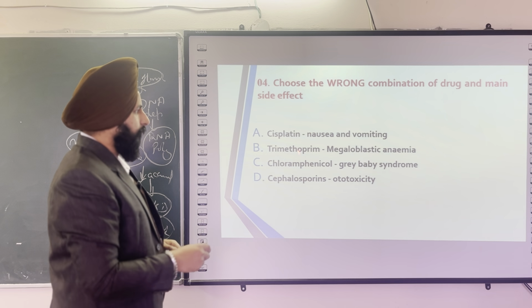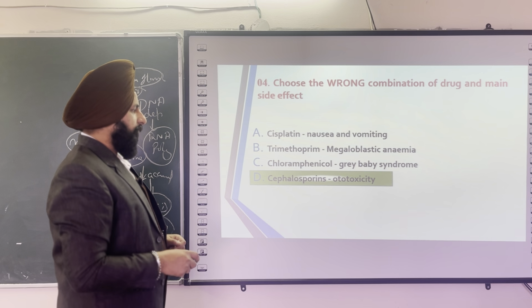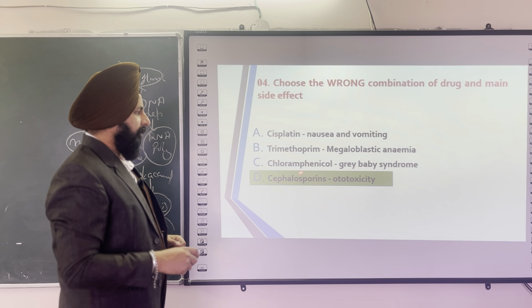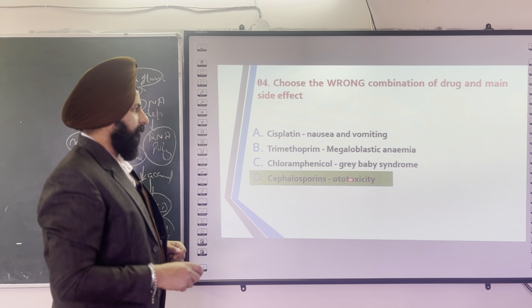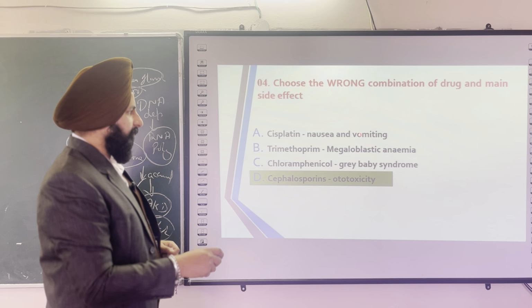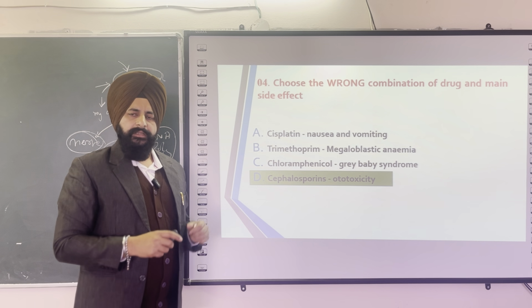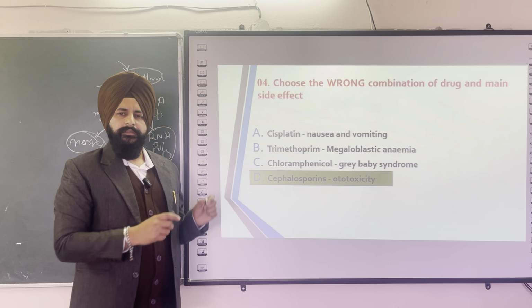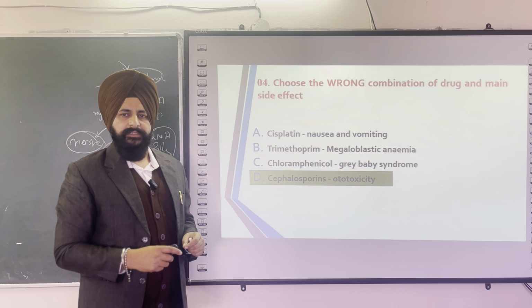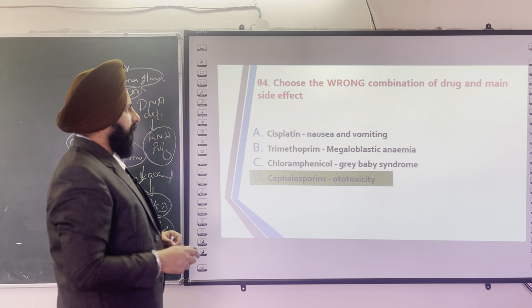The wrong option is cephalosporin causes ototoxicity, because the others are right options. These drugs cause these types of side effects, but cephalosporin does not cause ototoxicity. There are a few minor side effects, such as nausea, vomiting and diarrhea. These are the basic effects, but these are safe drugs. So that is the right option for this question.